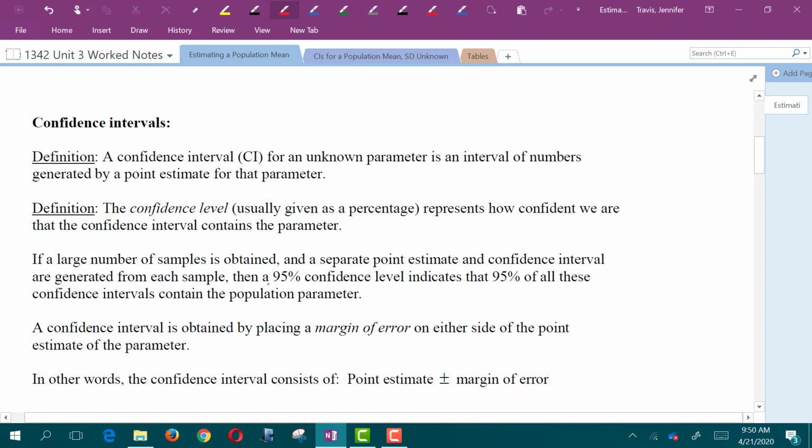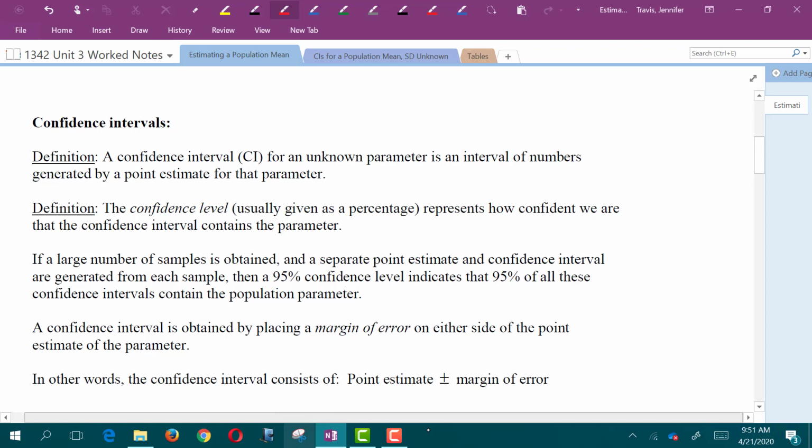If we have a population and we randomly choose a large number of samples, all the same size, and for each of those samples we calculate a separate point estimate, the simplest one being the sample mean, and for each of those sample means we create a confidence interval, then if we are talking about a 95% confidence level, that means 95% of all those confidence intervals are going to contain the population parameter.